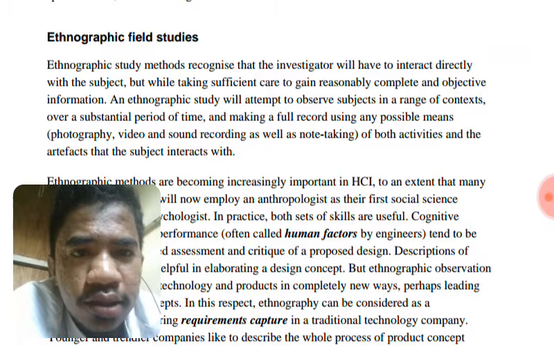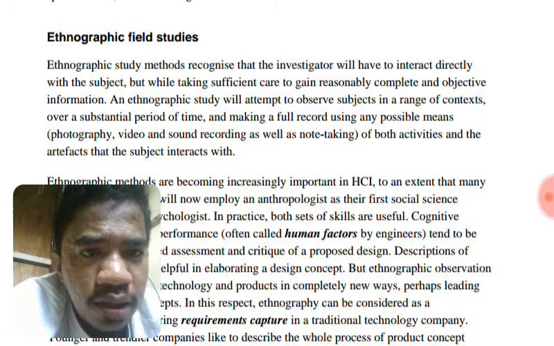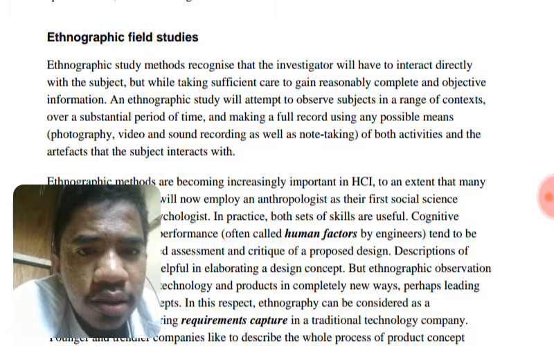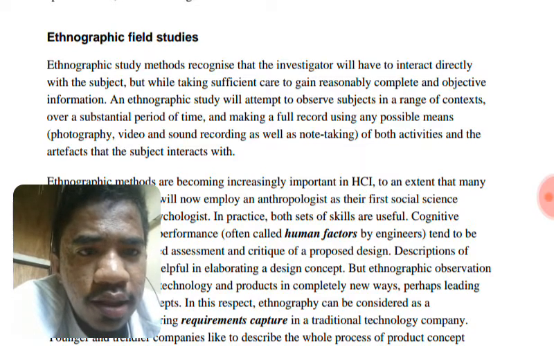Ethnography and field studies. Ethnographic study methods recognize that the investigator will have to interact directly with the subject, while taking sufficient care to gain reasonably complete and objective information.